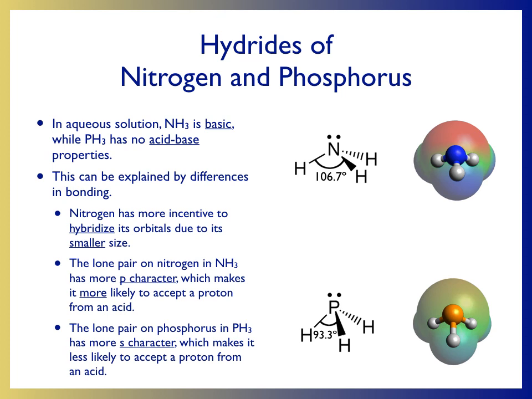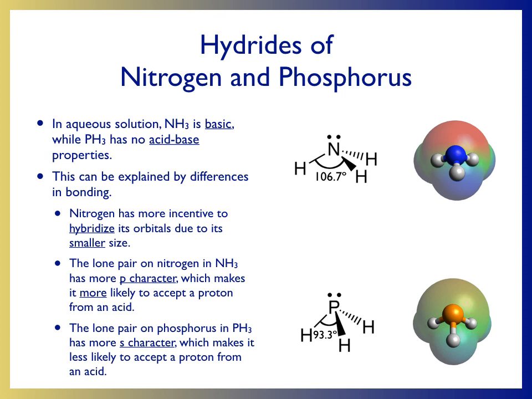The lone pair in nitrogen tends to sit in a hybrid orbital. And we know that nitrogen is sp3 hybridized. That means the orbital is 25% s orbital and 75% p orbital.